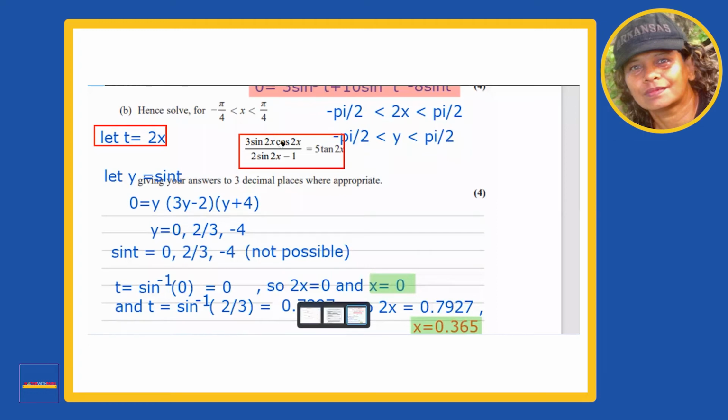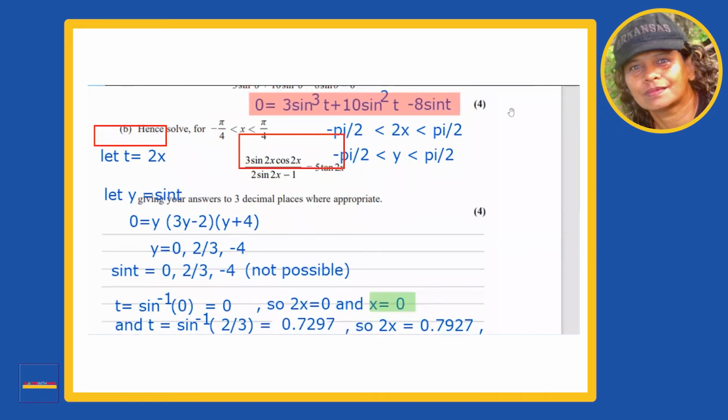Now let's look at what we have. We can rewrite whatever we've been given before as 3 sine cubed t plus 10 sine squared t minus 8 sine t. Here I'm going to say that y is equal to sine t.